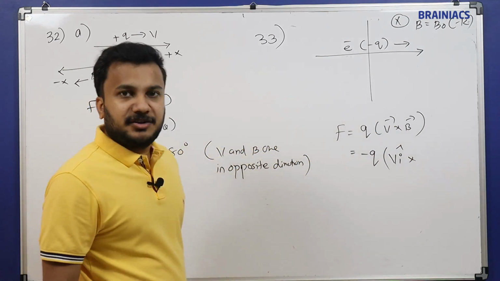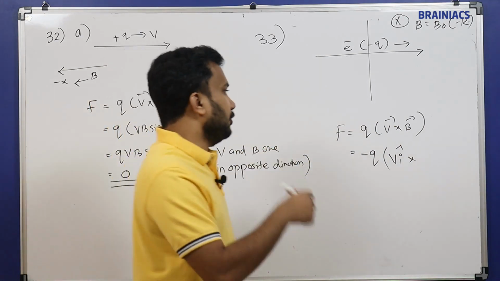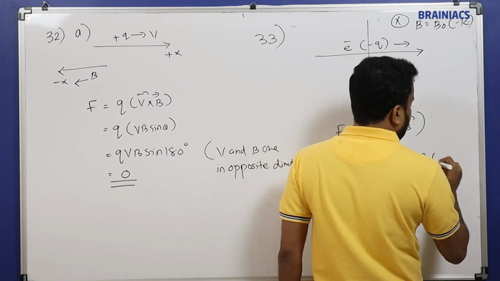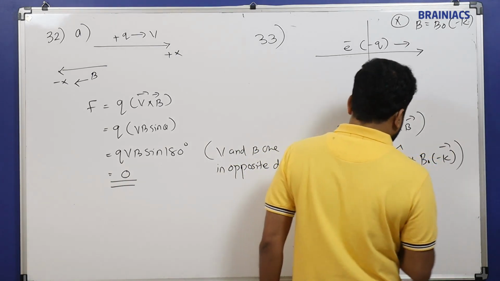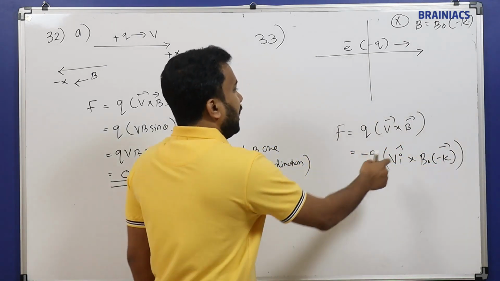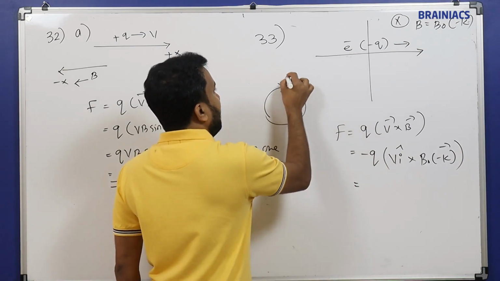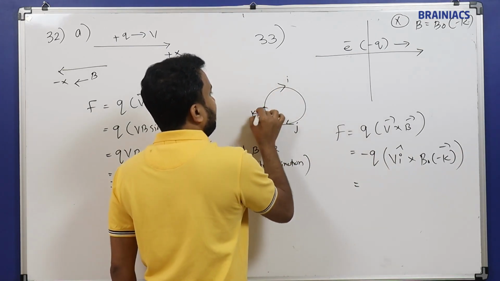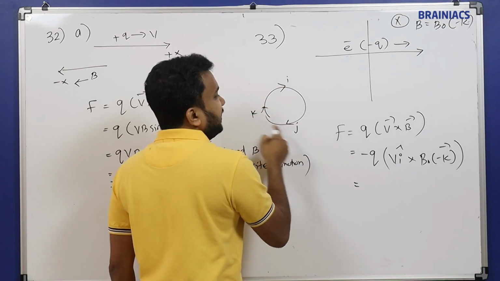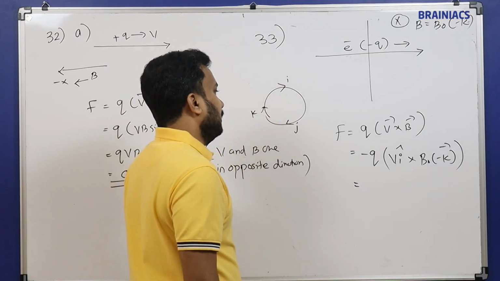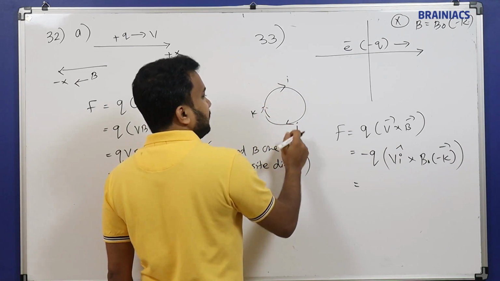B is into the board, so b0 times minus k. So what will we get? i cross minus k, we know i j k. i cross k is minus j.